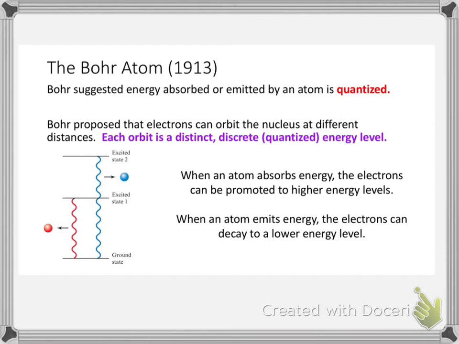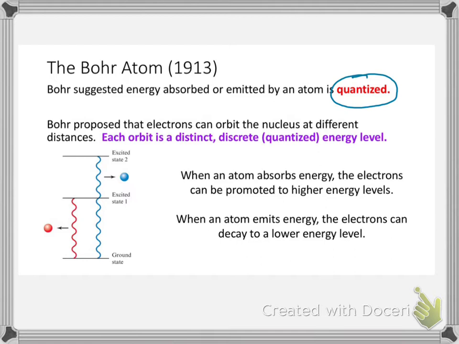Now, why was he connecting the orbits to the light that he was seeing? And this is really cool when you start thinking about it. What he was suggesting is that the energy that the electrons can have is something we call quantized.